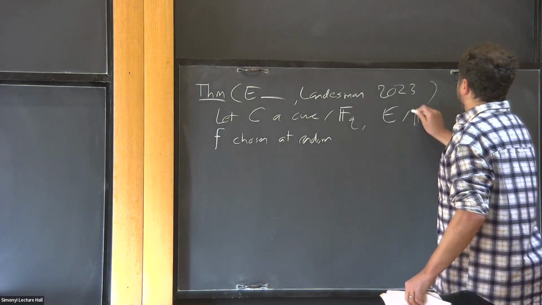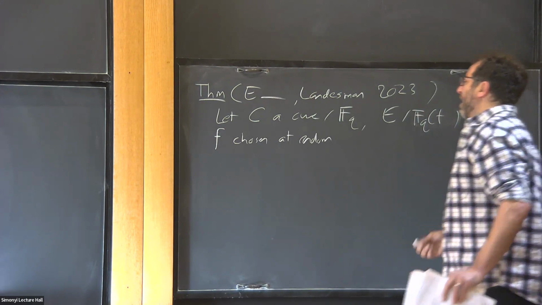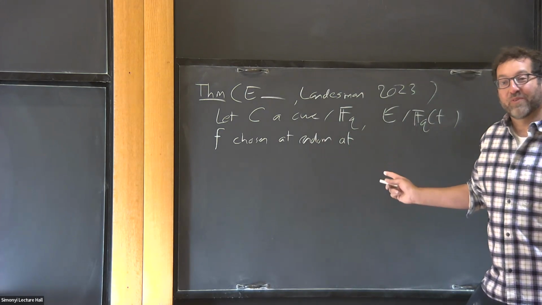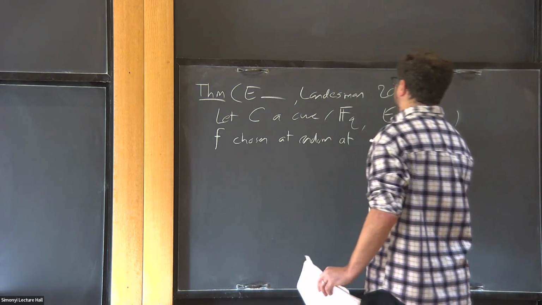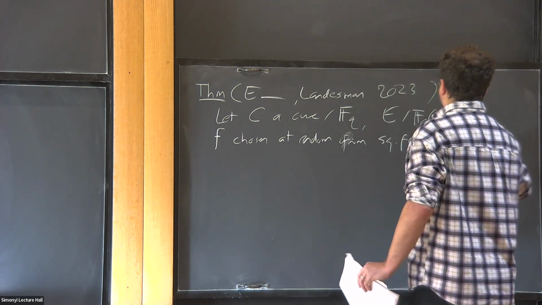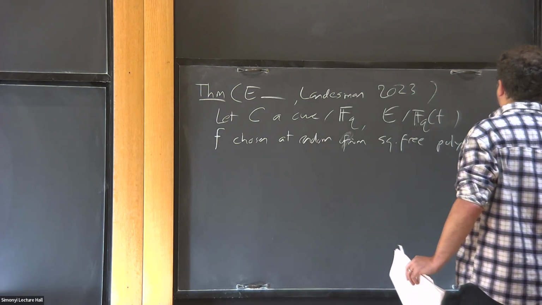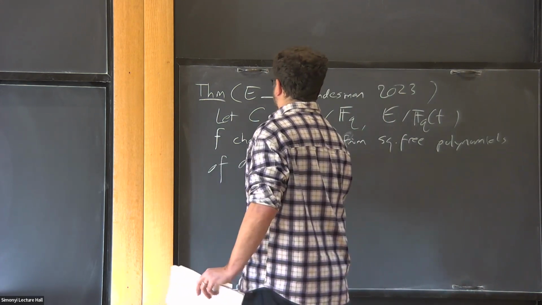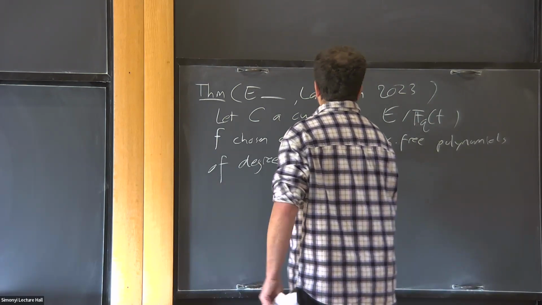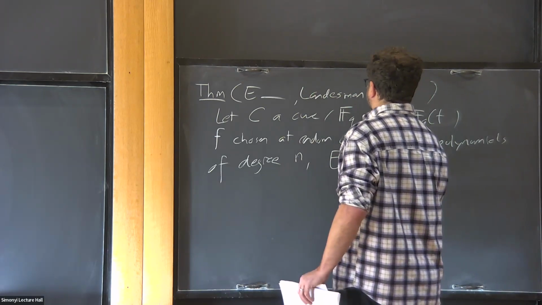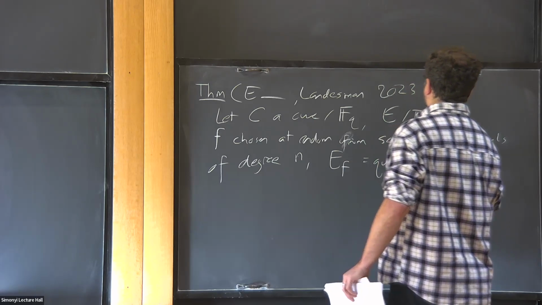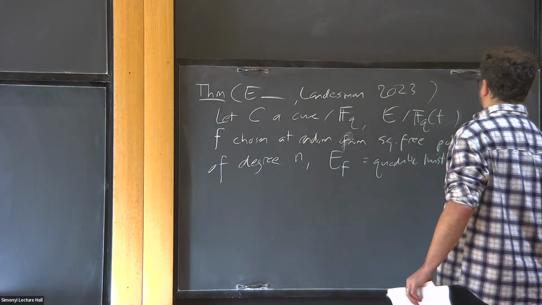So let me make this over F_q(t), with F chosen, just so I can say square-free polynomials here instead of square-free divisors, and there'll be some other stuff I want to be a little careful about. So F chosen at random from square-free polynomials of degree n, and then by E_F, I mean the quadratic twist of E by F.